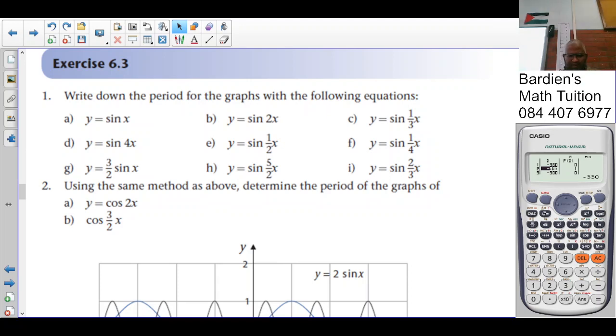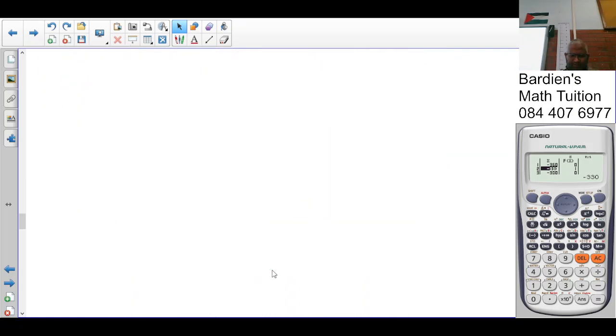And then part of your homework is going to be exercise 6.4. So you've got 2 exercises for homework, 6.3 and 6.4. There's about 5 minutes left of this lesson, so I just need to wrap up quickly.